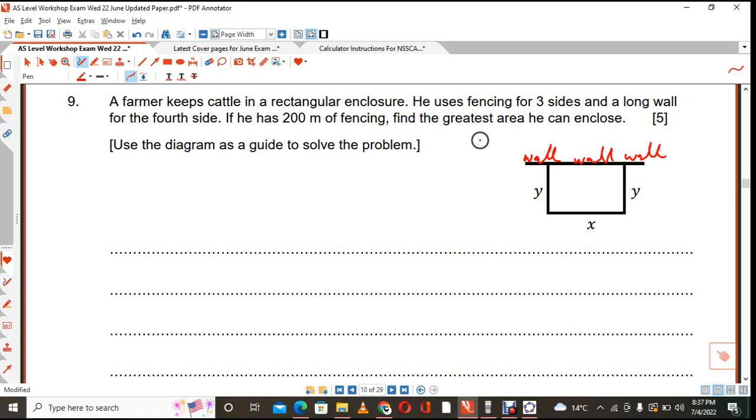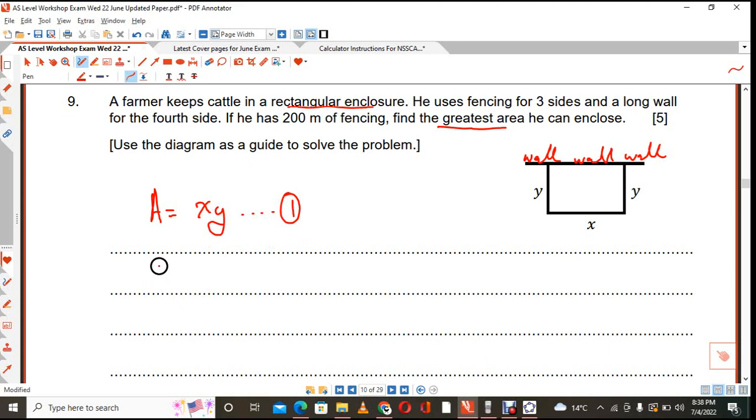So we need to find the greatest area you can enclose. The moment you get these type of things, the greatest area, we're going to deal with differentiation questions here. But let's see what we have so far. We know that the area of this rectangular enclosure is calculated by saying x times y. That basically is going to be my first equation.